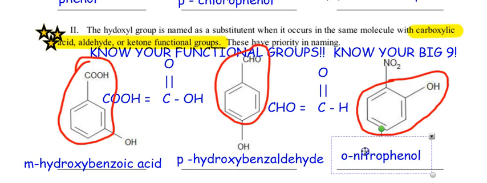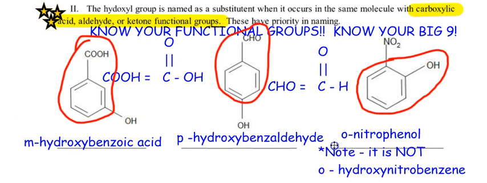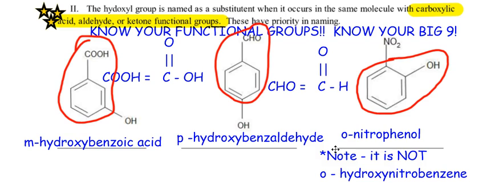So I have ortho, or o-nitrophenol, because it's in the ortho position. Could you also put 2-nitrophenol? Sure you can. And then, of course, this is not orthohydroxynitrobenzene, because nitrobenzene is not a big 9. Hopefully that helps you. So that's naming some phenols.